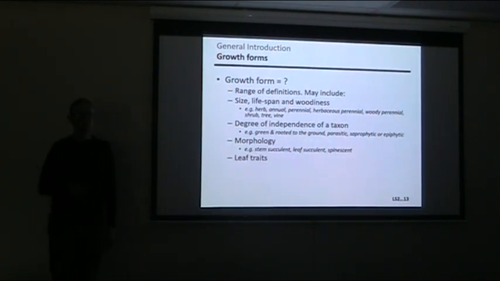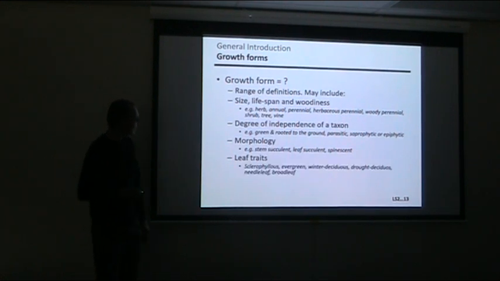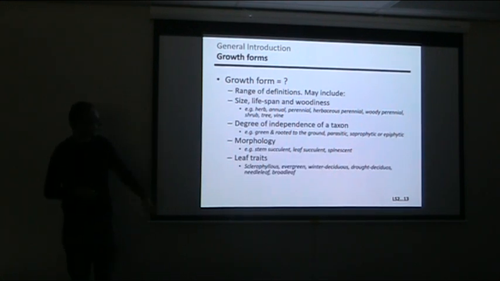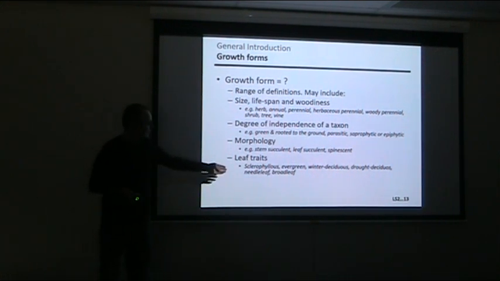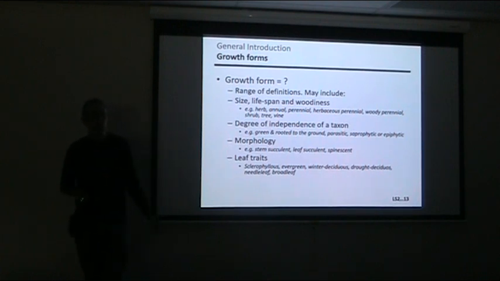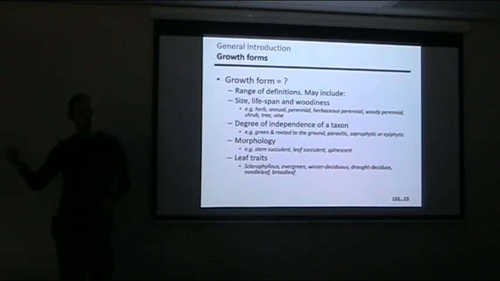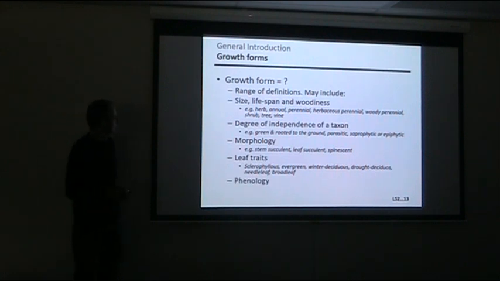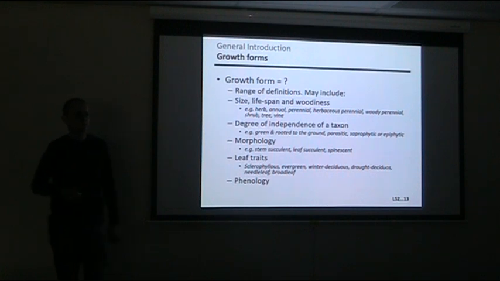You can include leaf traits, so when leaves are dropped and what the shape of the leaves are, but you can also break it up from nanophylls all the way into megaphylls. Phenology is something else that can also go into growth form, when different events happen. So do you see that there's a whole bunch of things that you could use to describe growth forms? Again, it's for what question you're interested in.